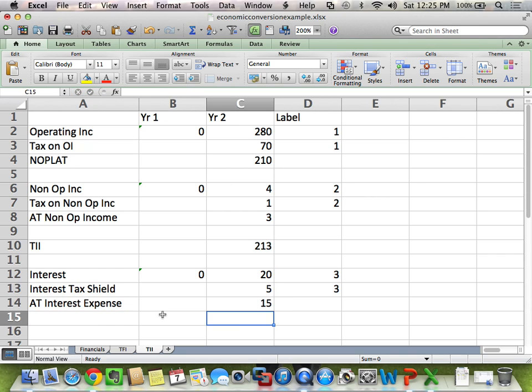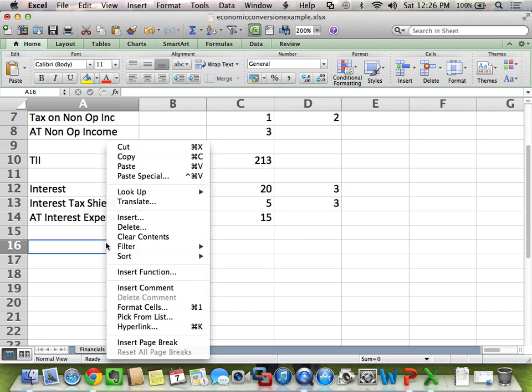It's 15. So I have $15 million of after-tax interest expense. Questions? But that goes back to your question. We actually list the after-tax interest expense by breaking out the interest expense and then the tax shield on the interest. We break it out separately, right?